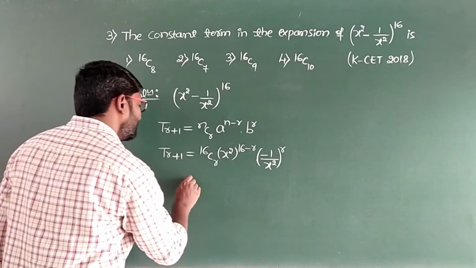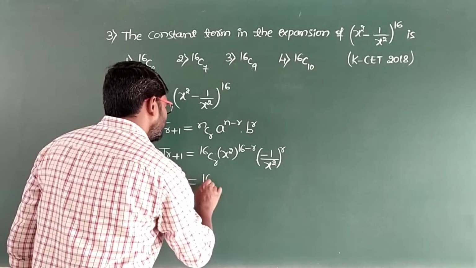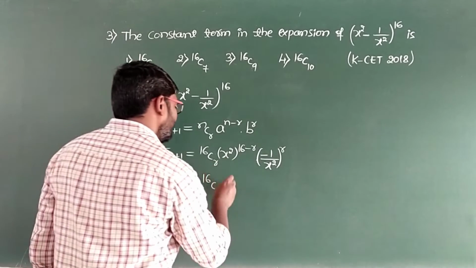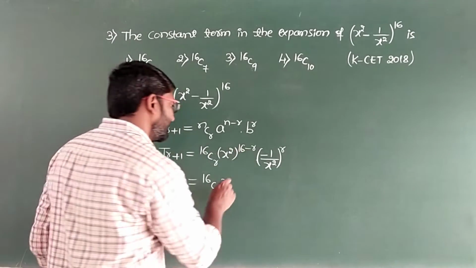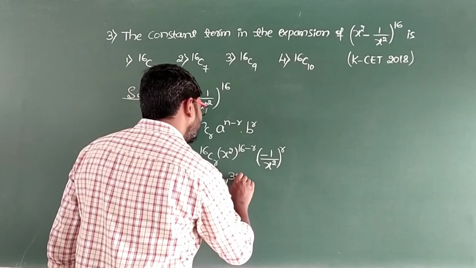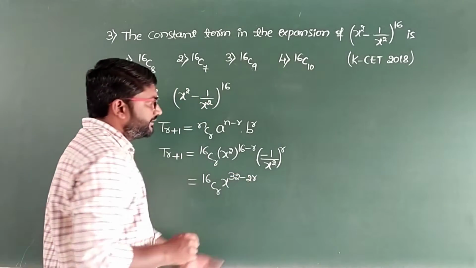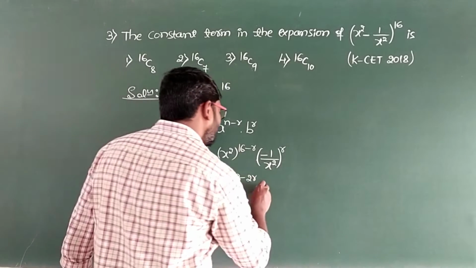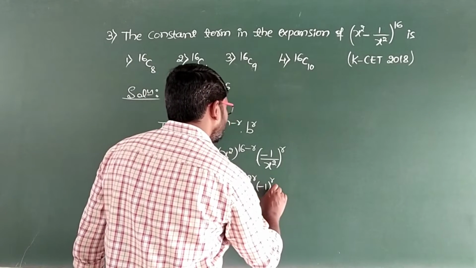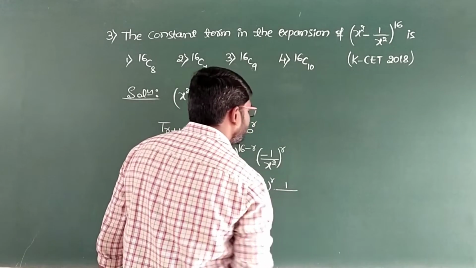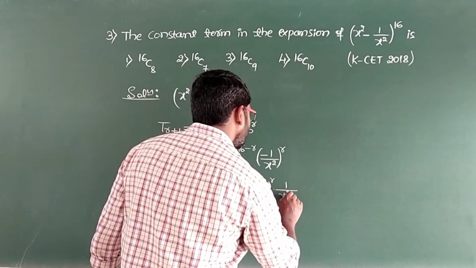Simplify this now. This is equal to 16Cr. Here x to the power 2 will be multiplied with these two terms. Now we get 32 minus 2r, and this can be written as minus 1 to the power r, then into 1 divided by x to the power 2r.